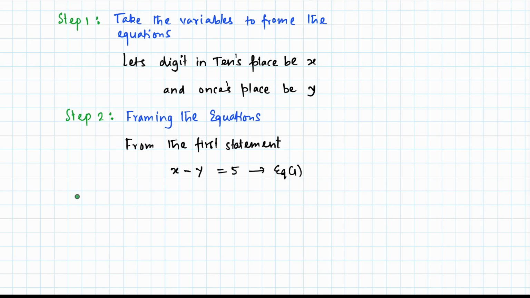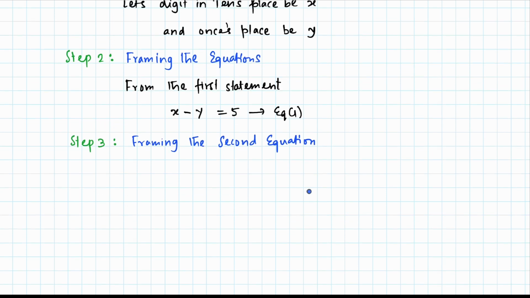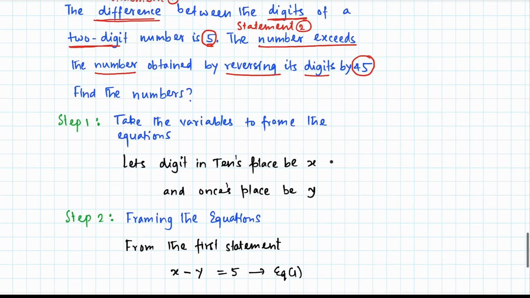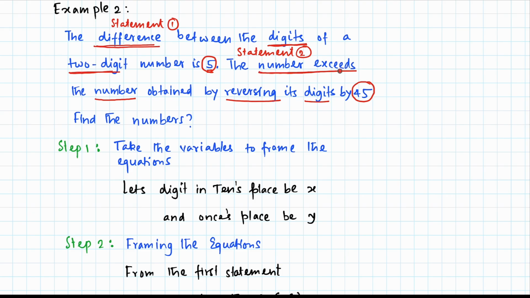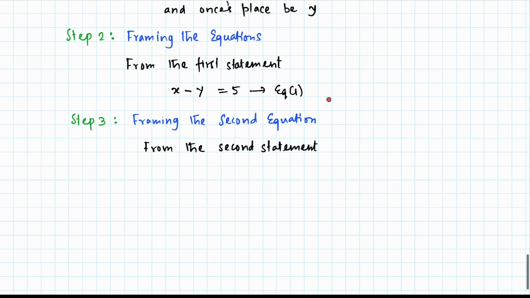Now for step number 3, we want to frame the second equation, and for that we have to consider the second statement. And what is there in the second statement? The number exceeds the number obtained by reversing its digits by 45.